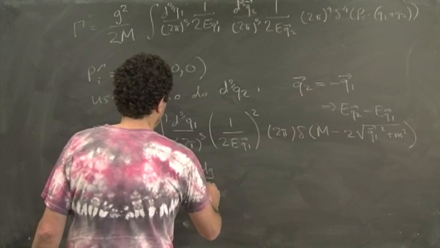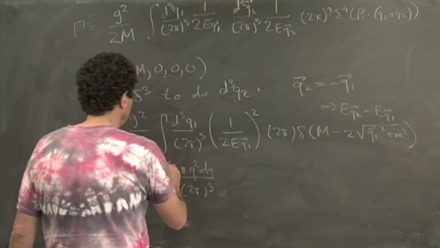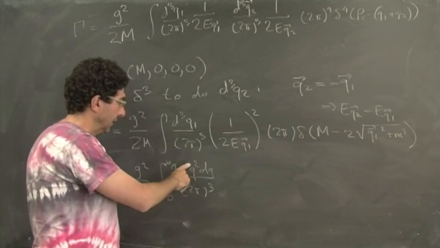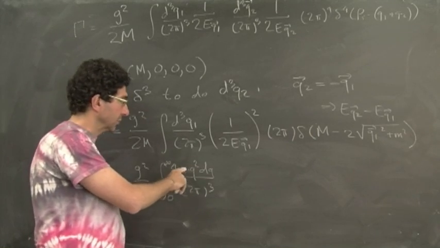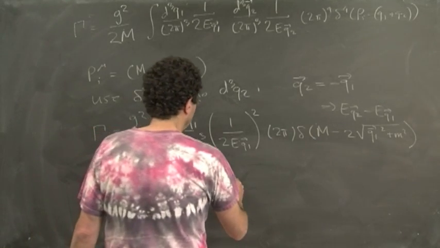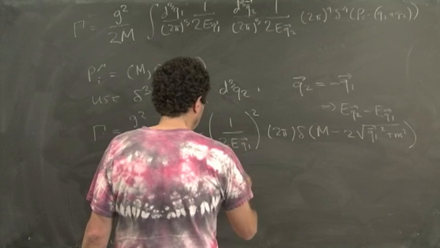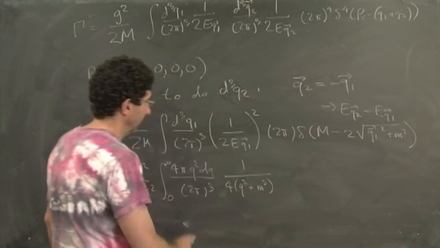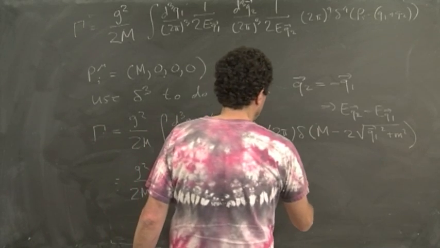I have my 2 pi cubed, and now this q right here is just an ordinary real number that goes from 0 to infinity. It's the radius in q space, okay? And then I have my 4, and this thing here becomes q squared plus m squared, little m squared. That's this factor here.